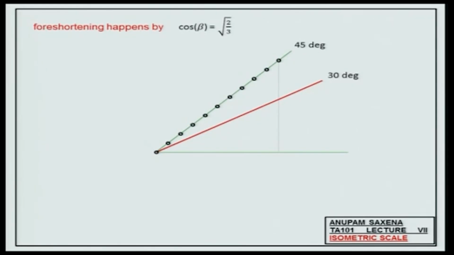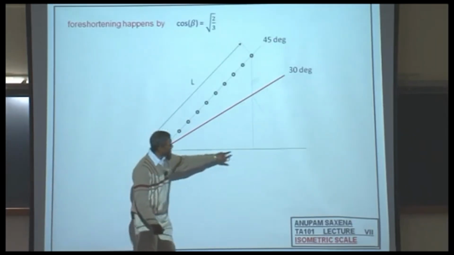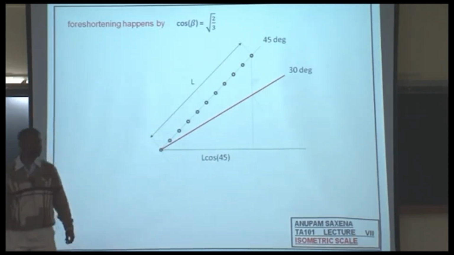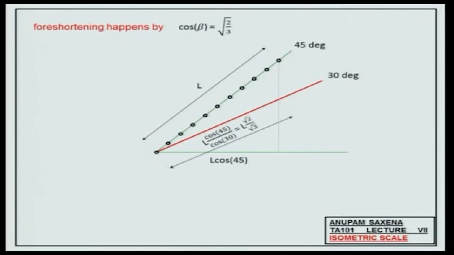If you take the horizontal projection of, let's say, length L, which is the true length on the 45 degree line, then the horizontal projection will be L times cosine of 45. What is this length? This length over this length is cosine of 30. So you can find what that length is: L cosine 45 over cosine of 30, which is L times root 2 over root 3.